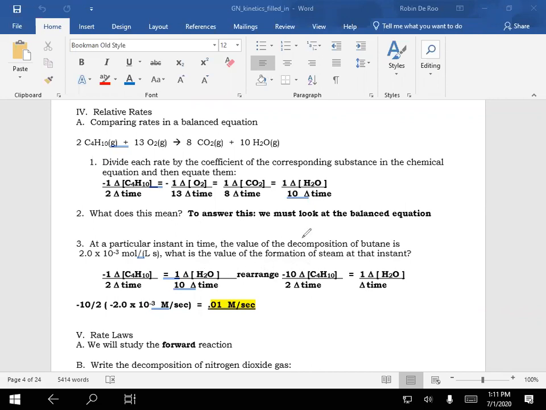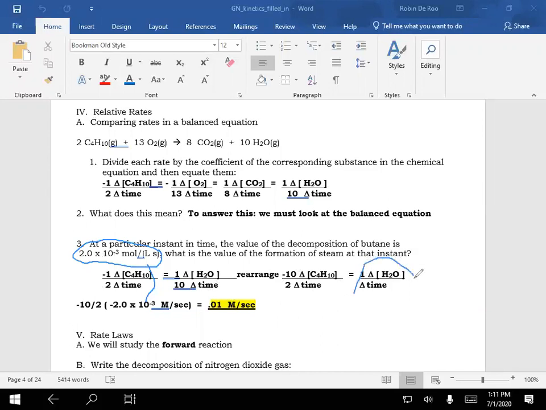We were given the decomposition of butane. That was this value here. Okay, so we were given this, the decomposition of butane. So we take our decomposition of butane, we put it in here, and then we use the numbers that we had, a negative 10/2. We use those as is, and that gives us our formation of steam at that instant.